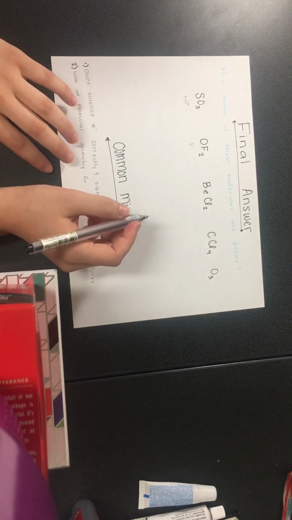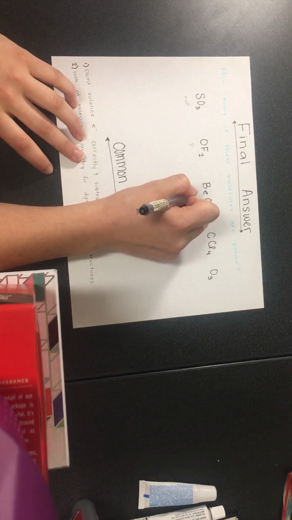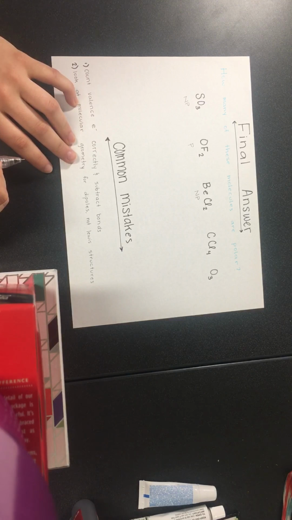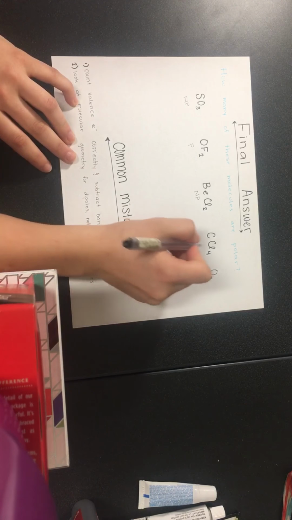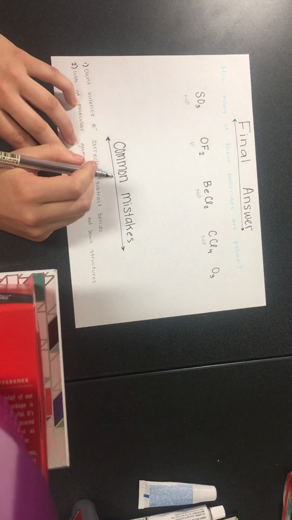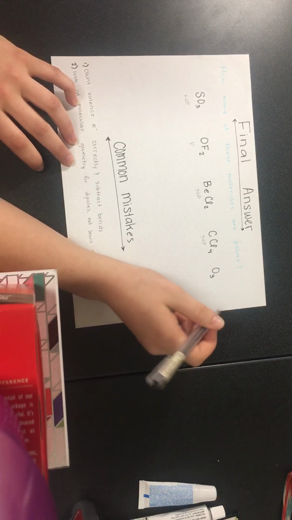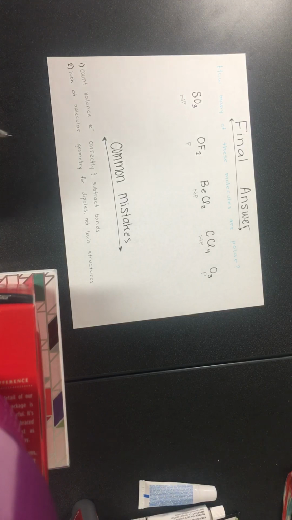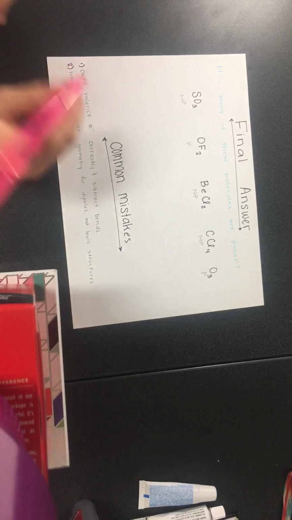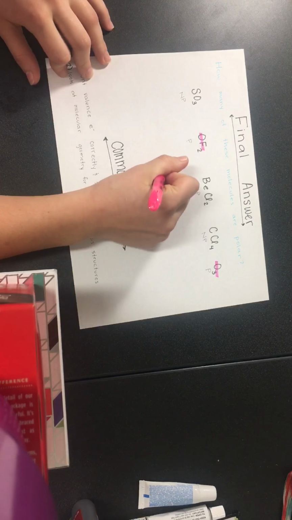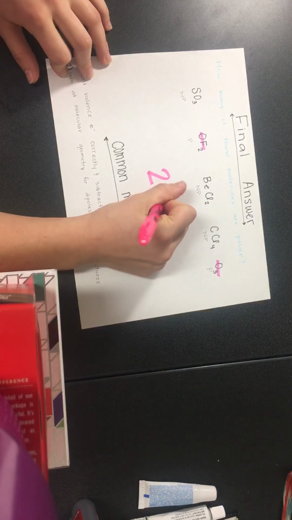BeCl2 is nonpolar because it was linear and everything canceled out. CCl4 did not have a net dipole. Everything was shared perfectly, so it's nonpolar. And then ozone did not share things well, pulled around, wasn't happy. So overall, we have these 2. Our final answer is 2 molecules are polar.